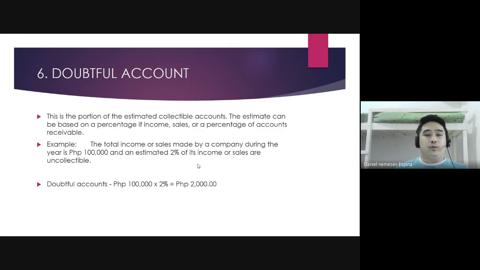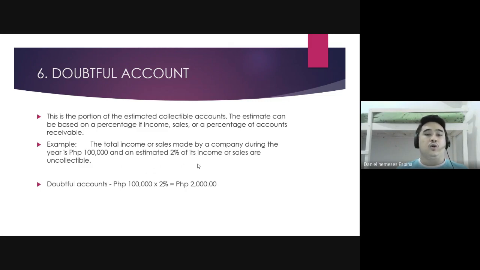Next is the doubtful account. So this is the portion of the estimated collectible accounts. So 'di ba when we do business, and then kung magpautang ta, so naa gyud ay risk nga ang atong gipautang dili makabayad. Okay? So in accounting, we need to account for that.